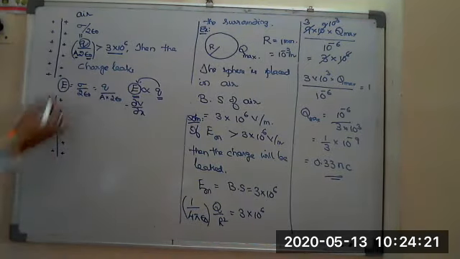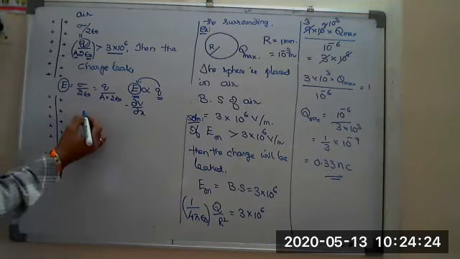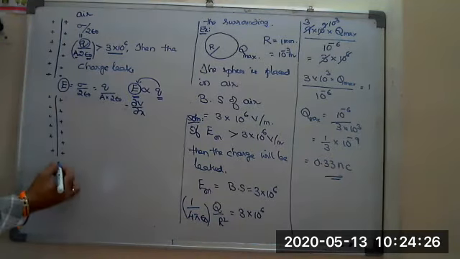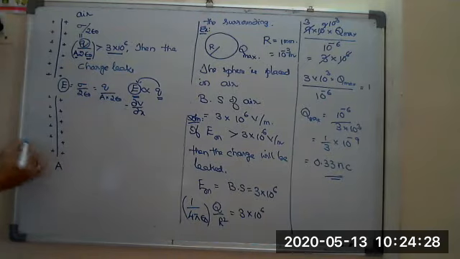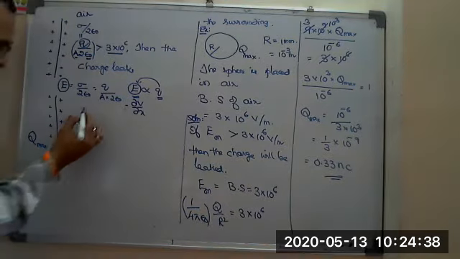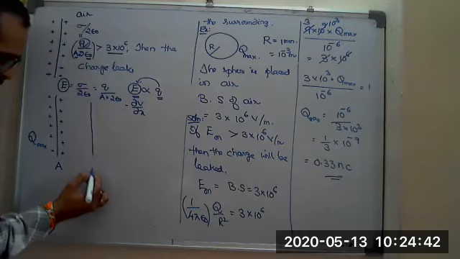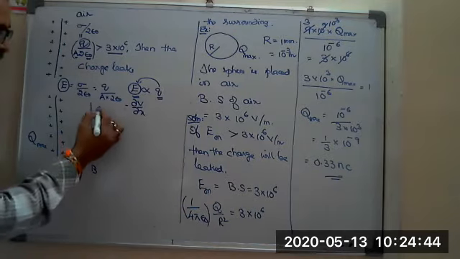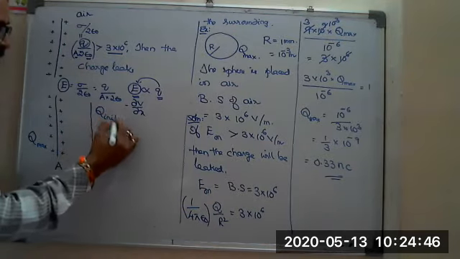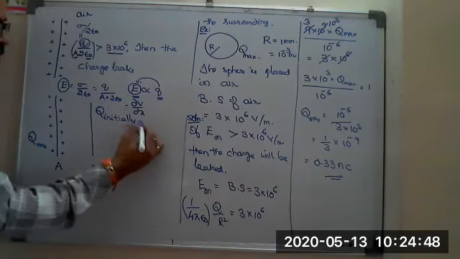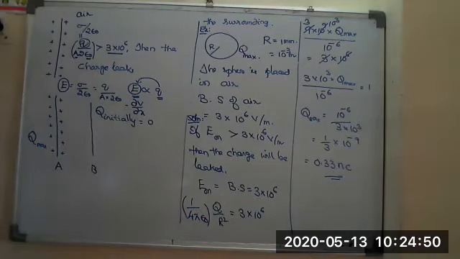Suppose this is one charged plate A, and it has the maximum charge that I gave to the plate. Further, I can't increase the charge. So here I place one neutral plate, meaning initially Q equals 0 on this plate.